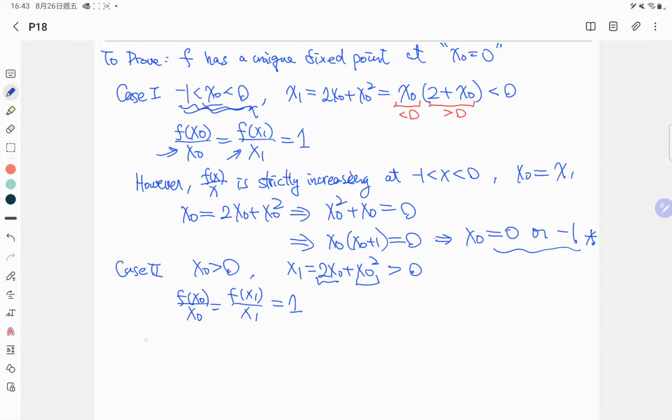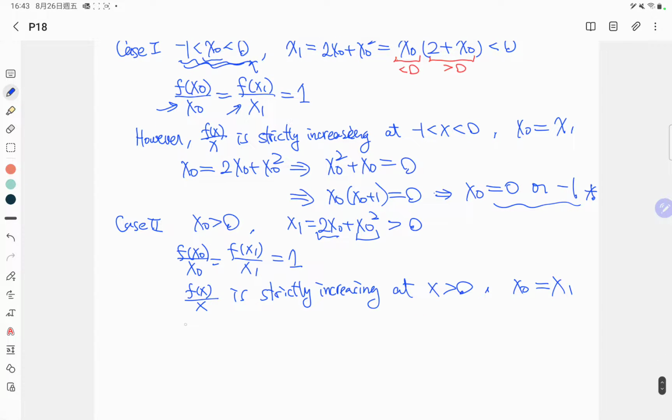And f of x over x is strictly increasing for x larger than 0, so x sub 0 should be equal to x1.